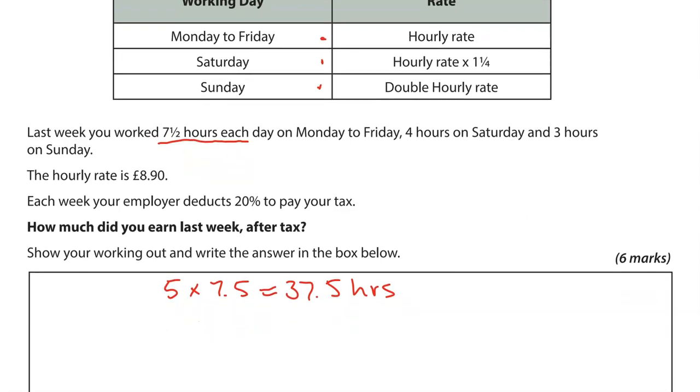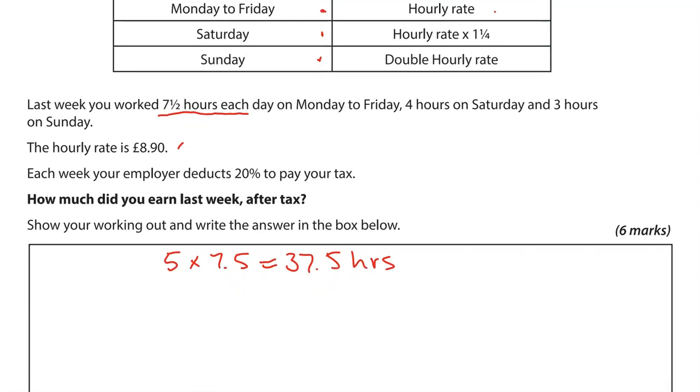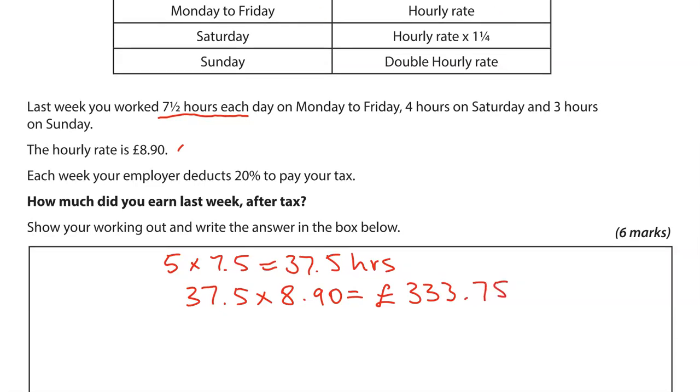And it says hourly rate here, which is £8.90. So 37.5 times £8.90 gives us £333.75. So that's for the weekdays, Monday to Friday.